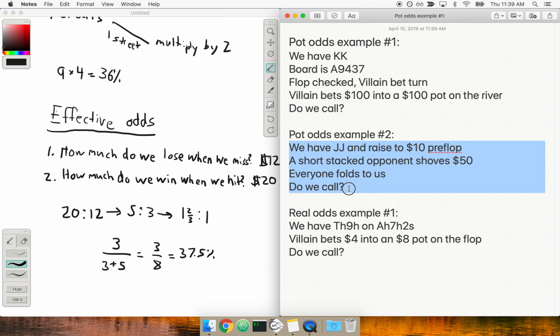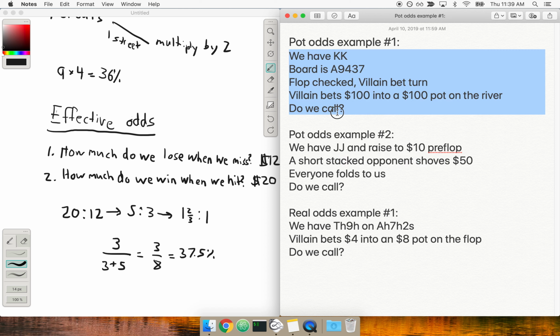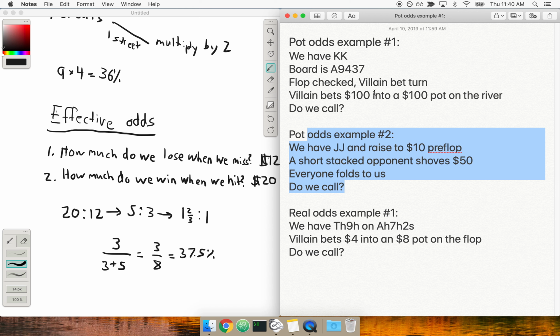Here, we were pre-flop, but once you call, the hand is over because your opponent was all in. And here, maybe you guys aren't all in, but it's over because you're on the river. So when the hand is over after you make your decision, pot odds are exactly what you need.